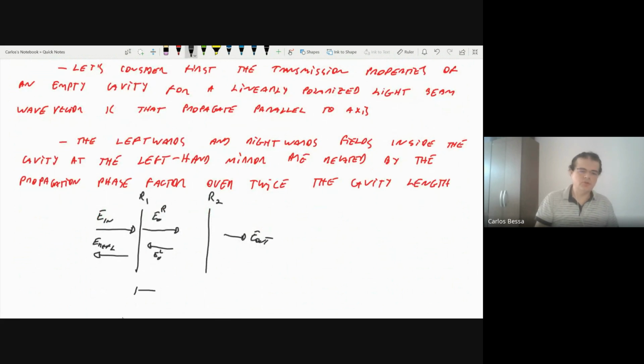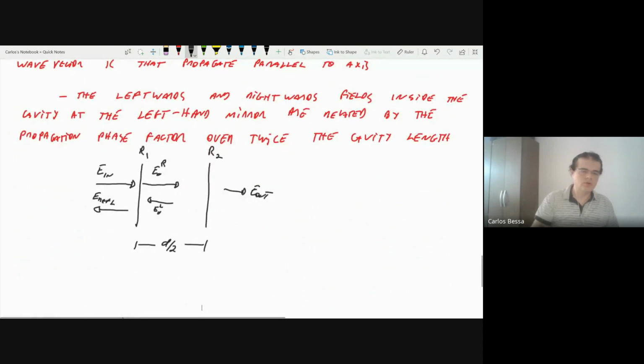So let's see what happens in the first round trip. We have that this E0, which I'm calling E0 right, will be proportional to the part that was transmitted by mirror 1. So T1 E in, which I could represent as 1 minus R1 times E in.